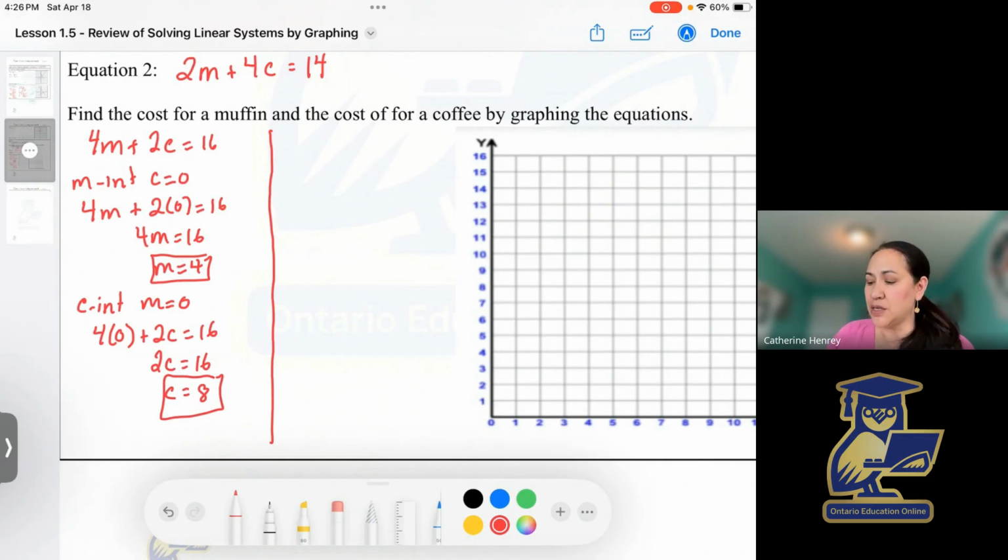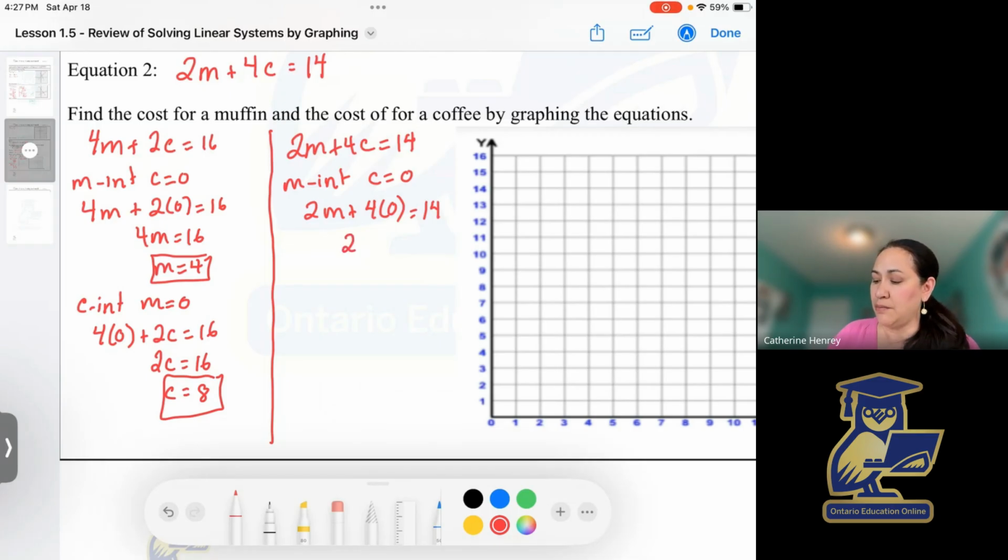Well, let's find the intercepts for the second equation. 2M plus 4C equals 14. So to find the M-intercept, again, let's let C equal 0, and 2M plus 4 times 0 equals 14. So 2M equals 14. And so M equals 7.